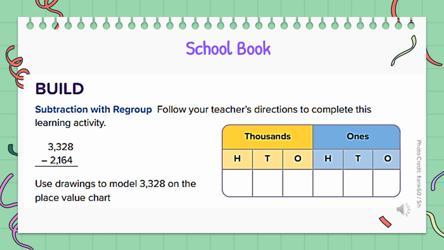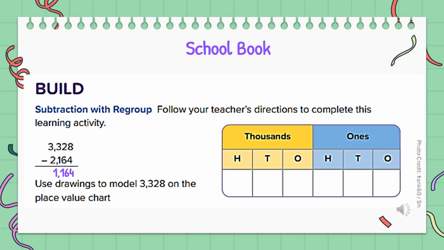From the school book, let's see this exercise. If we have here 3,328 minus 2,164. So we start from ones place. 8 minus 4 equals 4. 2 minus 6 we can't. We go to next door. Knock, knock, knock. 3 became 2 and 2 became 12. 12 minus 6 equals 6.